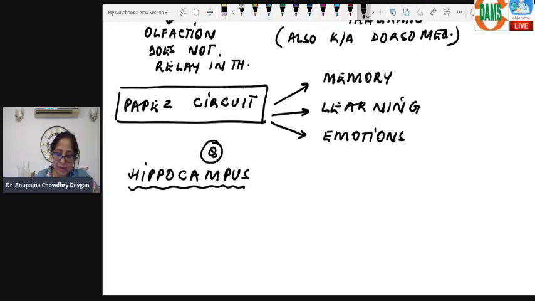From the hippocampus, the impulses now go to the mammillary bodies of hypothalamus.